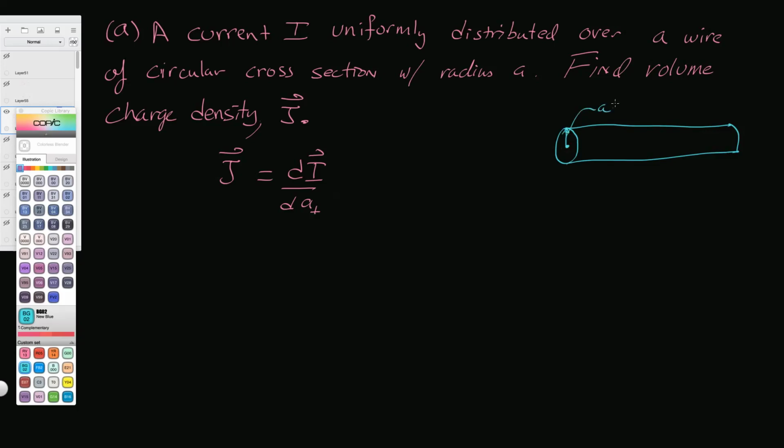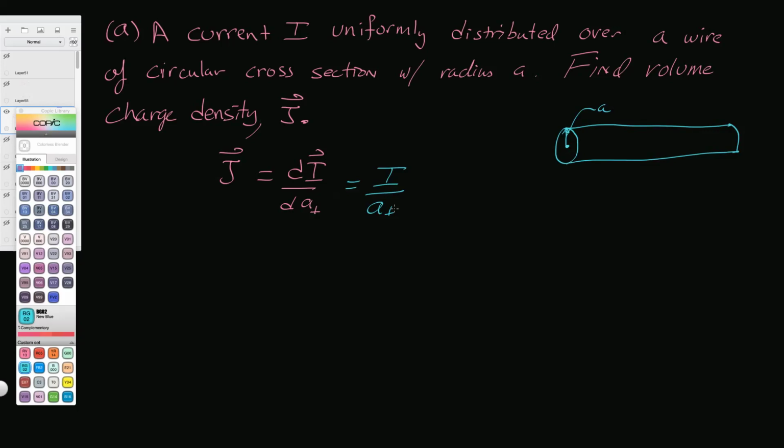It's uniformly distributed, which means the current is constant everywhere. All we need to figure out is what A perp is, because this says dI over dA perp, but I can just write it as I over A perp. A perp is just the area of a circle of radius A, the perpendicular area.